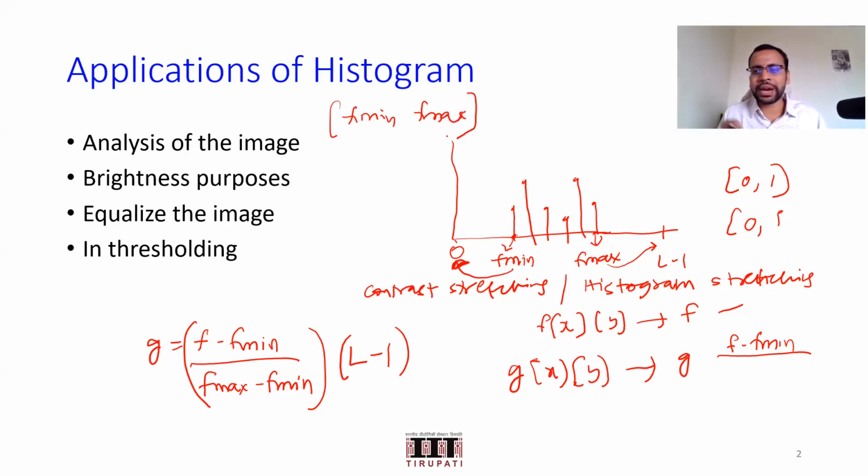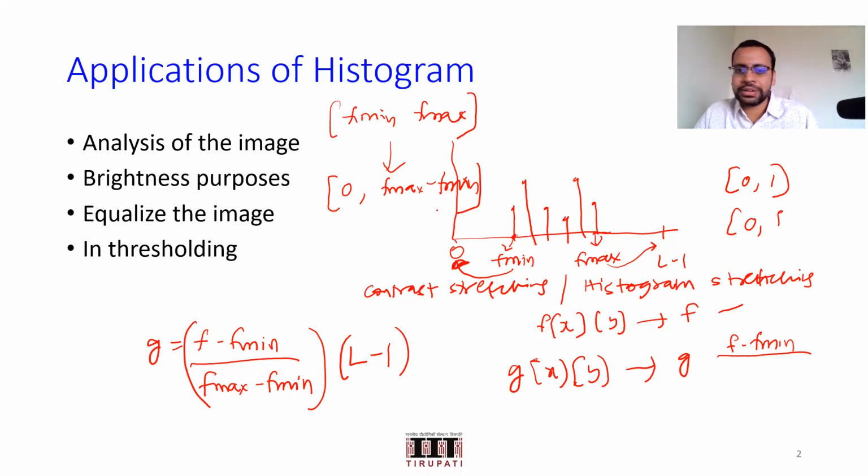You have subtracted F min from all these values. So this turned out to be 0 comma F max minus F min. Now I want to normalize this to 1 in the first place. So how can I do that?